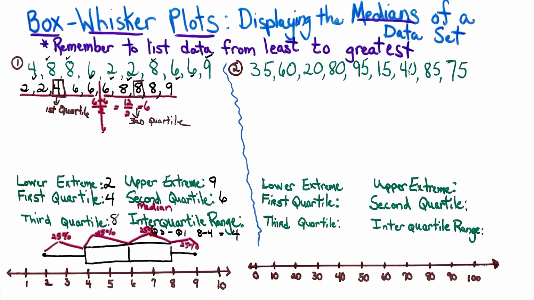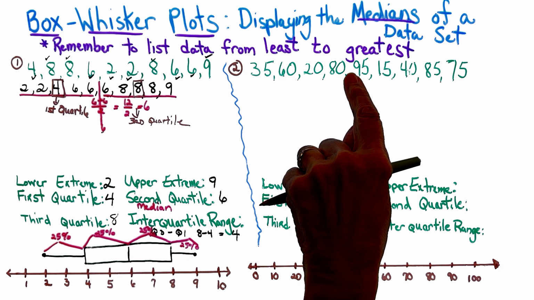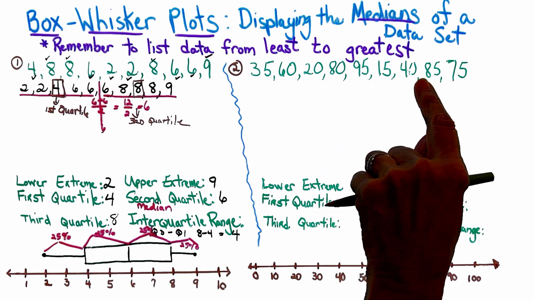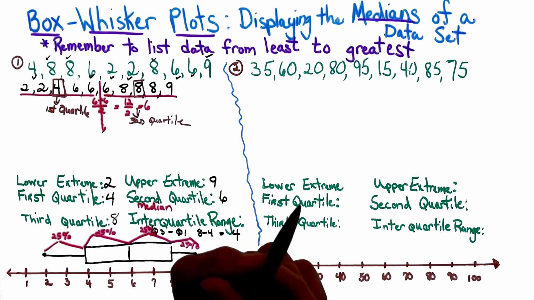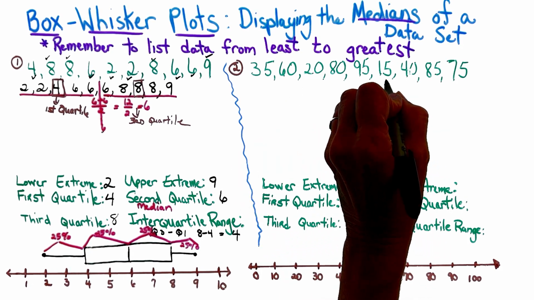So let's look at our second one. I see that I have a 35, 60, 20, 80, 95, 15. Wow, it goes low. 40, 85, and a 75. So I'm going to put these in numerical order. And as I do that, I'm going to, again, mark them off. And I remember saying, oh my goodness, it goes low.